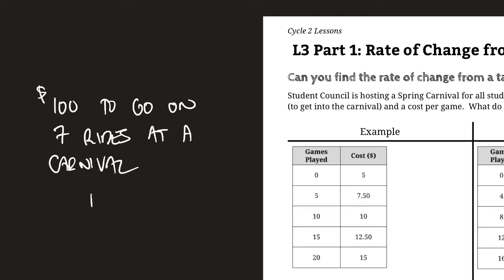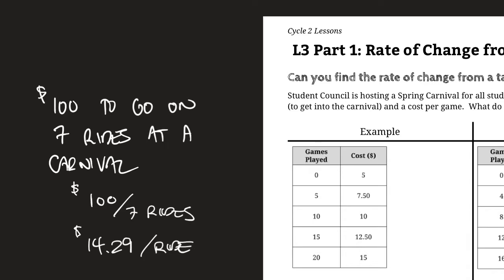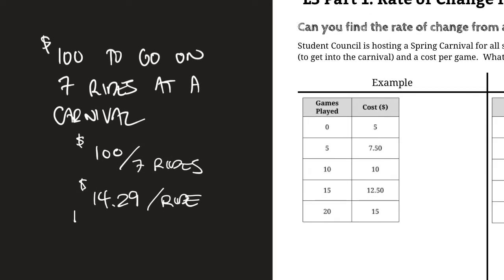We would want to know $100 per 7 rides. And if we do that calculation, 100 divided by 7, it gives us $14.29 if we round properly. $14.29 per ride. So that's something we call a unit rate.